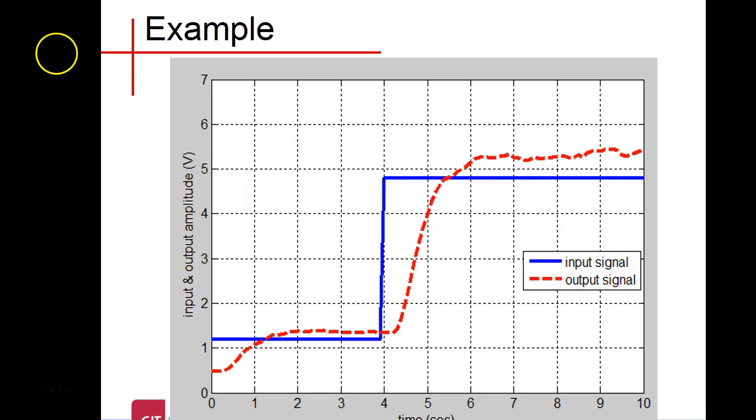Right, so for my time constant, I'm starting here at my initial amplitude and going up that 2.5, which is going to give me 3.8, about here, I guess.